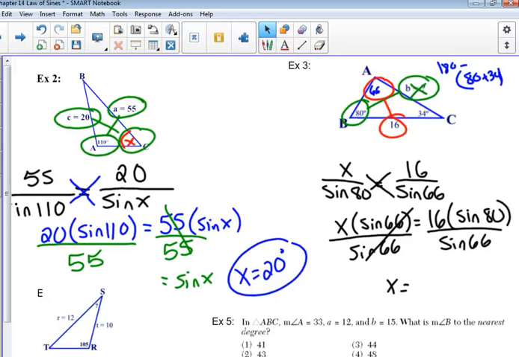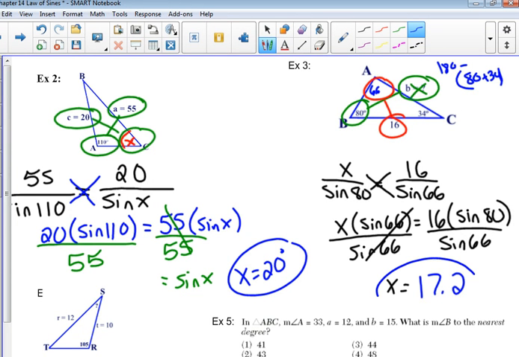Fantastic. All right, I see lots of. I saw most of you guys all got 17.2?